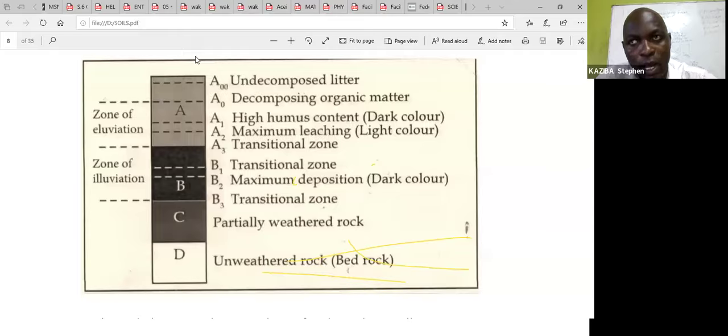Now you have to convert the feet into centimeters. If the units are in feet, multiply by 30. If the units are in meters, multiply by 100. Are you together? Yes.